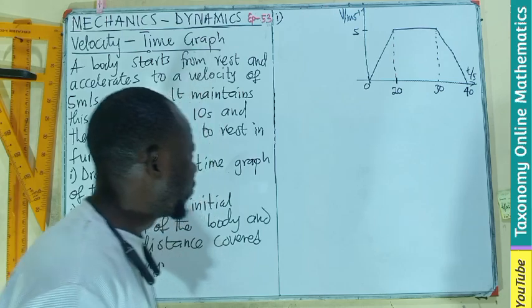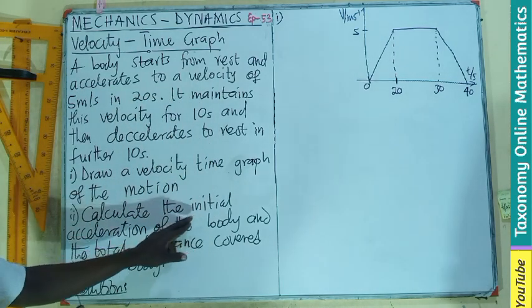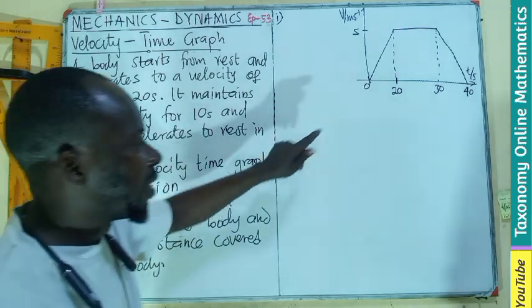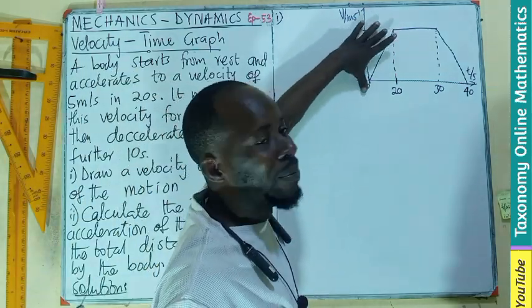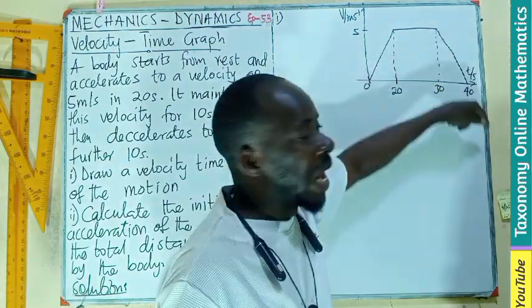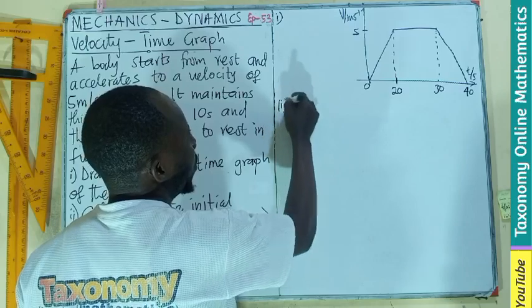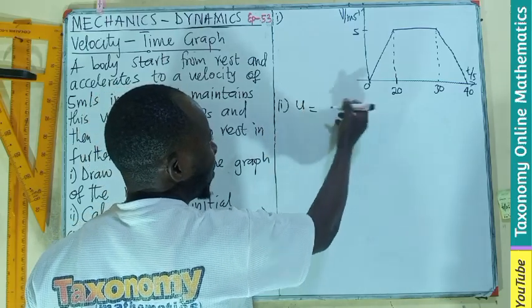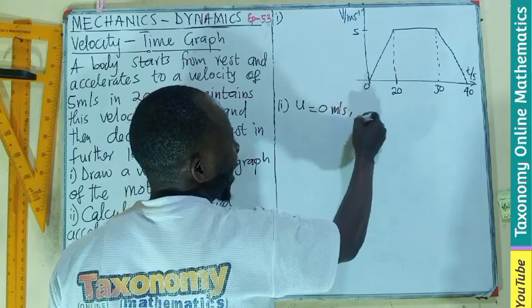All right. Now for the second part of the question, we have to calculate the initial acceleration. Initial acceleration, the uniform acceleration it has in the beginning. We have a constant acceleration as being 0. We have deceleration. So here, if I am to label the information, initial velocity is going to be 0 meters per second.